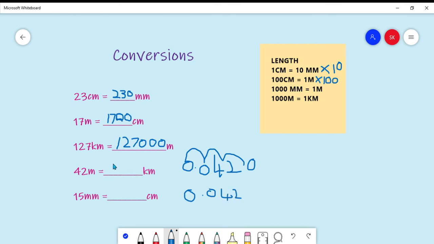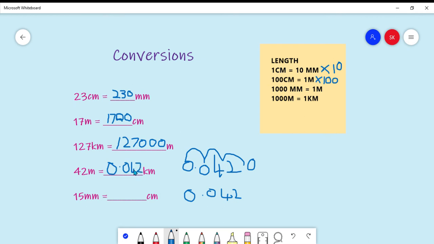Now all we do, just write it down. Hopefully you understood. If you didn't quite get it, I will go through again at the end, and also you can rewind to see if you might understand it if you hear it again. So 0.042 kilometers.